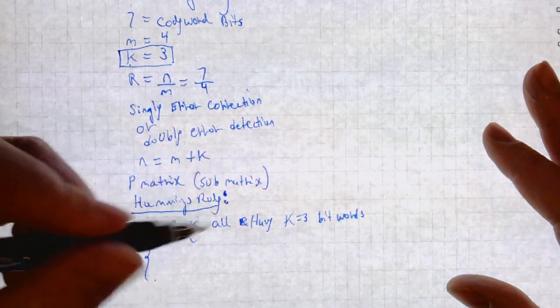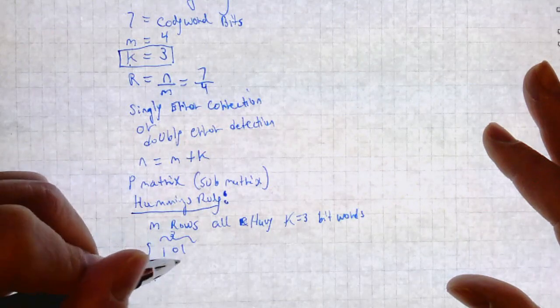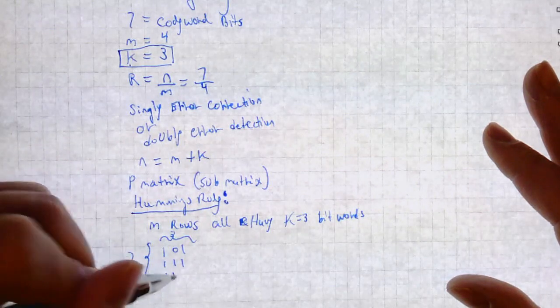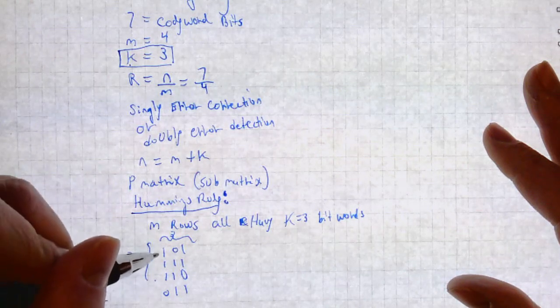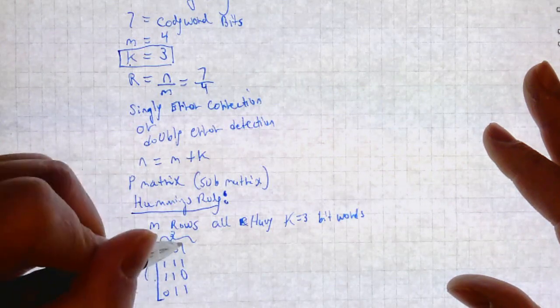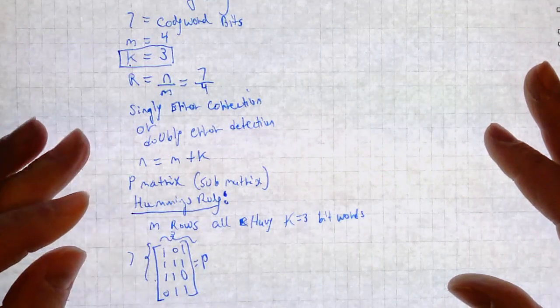So what we'll do is we'll just set up 1 0 1, 1 1 1, 1 1 0, and 0 1 1. So what we have here is the submatrix, which is called the P matrix for parity.